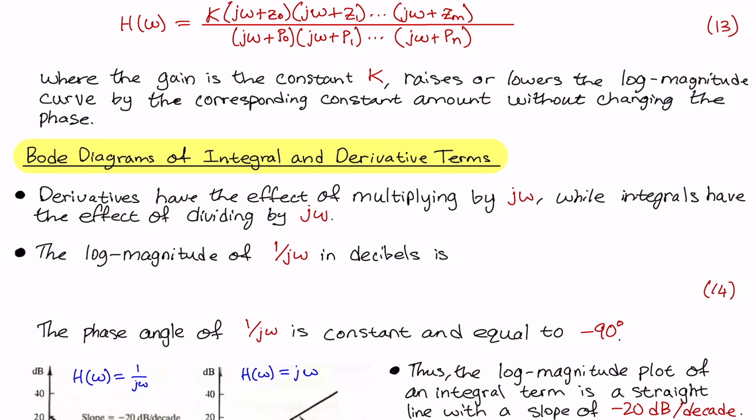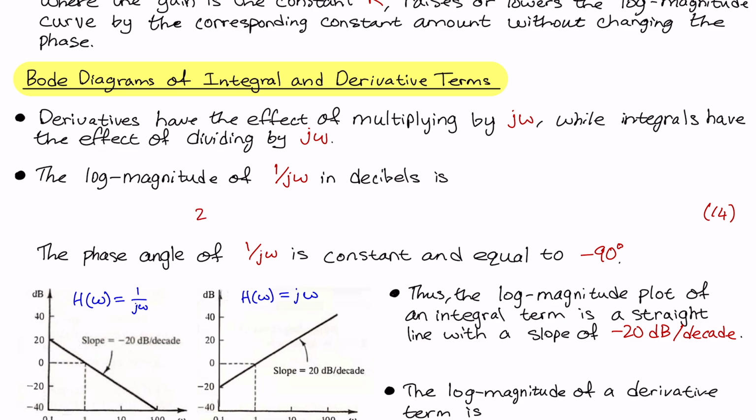In this case, this is going to be 20 times the log of the absolute value of 1 over j omega. These are all log base 10. This is then equal to minus 20 times log omega in dB.